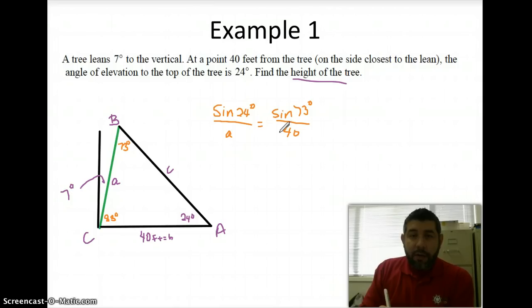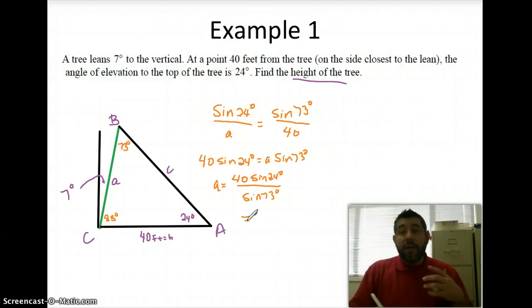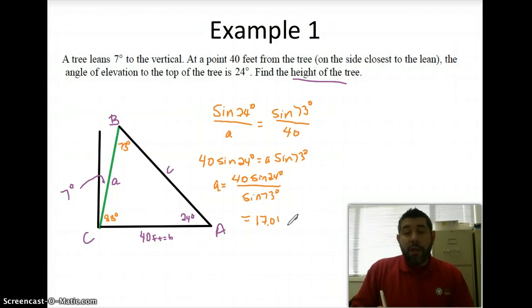I'm going to get 40 sine of 24 and a sine of 73, divide over, and I'm going to have a is equal to 40 sine of 24 over sine of 73. When you plug that in your calculator, you're going to get about 17.01, and this is in feet. Then we want to box our answer, and we're done.